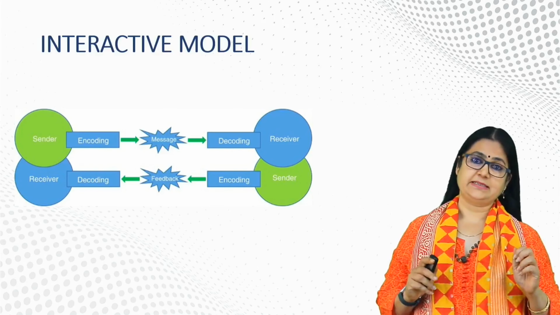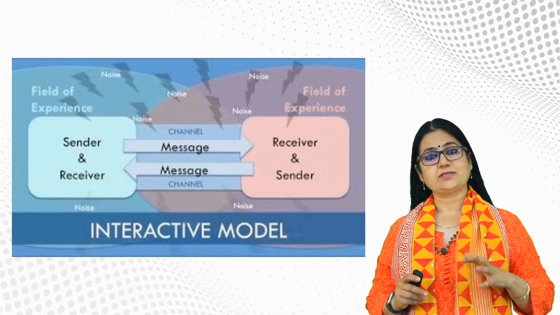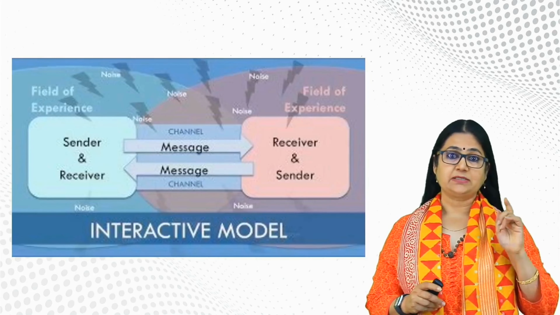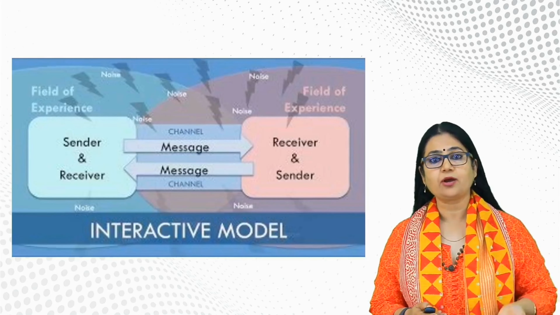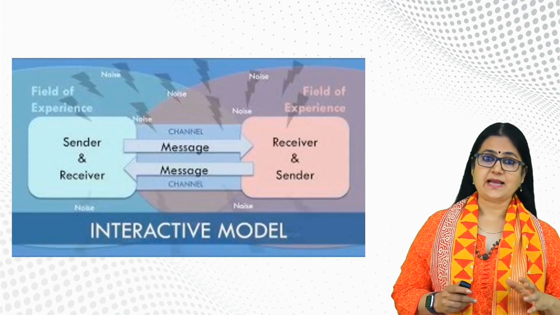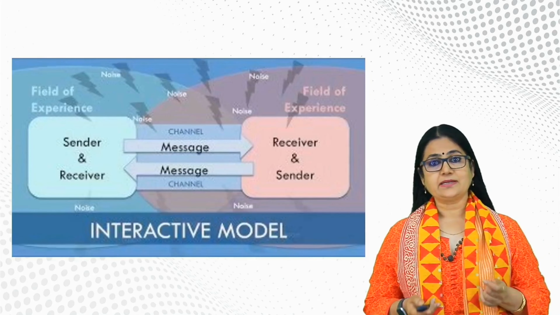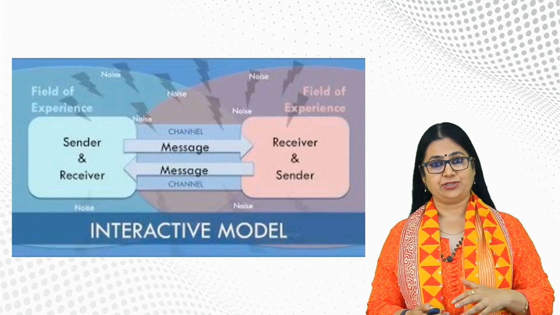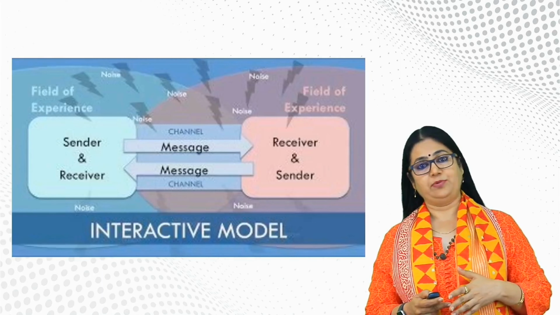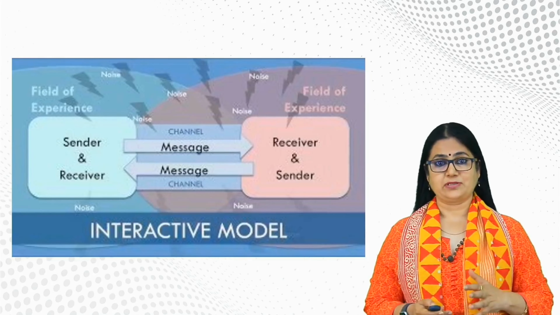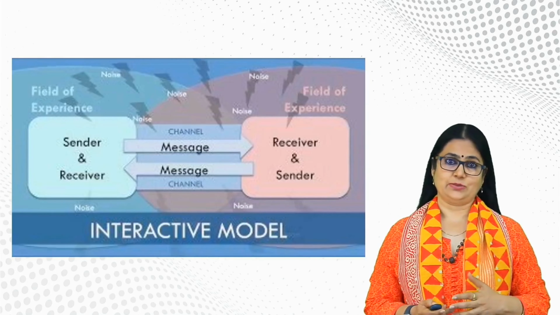As the name suggests, the interactive model of communication refers to the process of communication that takes place between people in a back and forth manner. It's a characteristic of everyday conversation. So, for example, a message is delivered to a receiver from a sender and the receiver then responds to the message. According to the interactional model of communication, communication is a process in which players switch roles between the sender and the receiver.